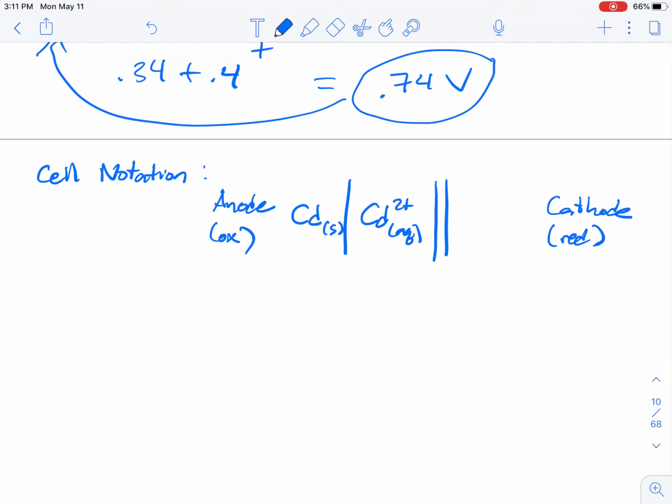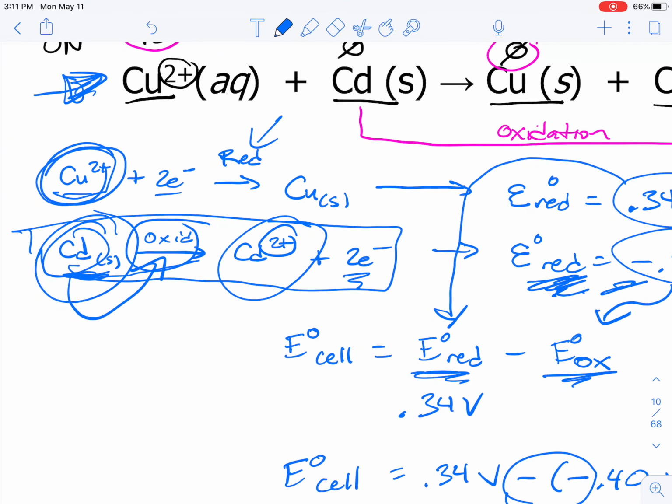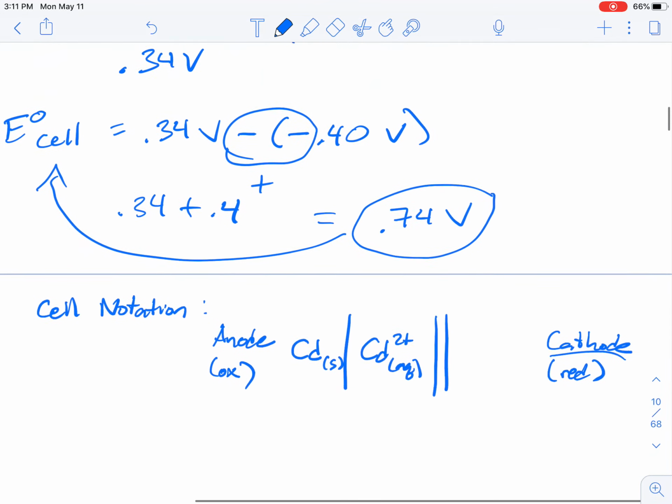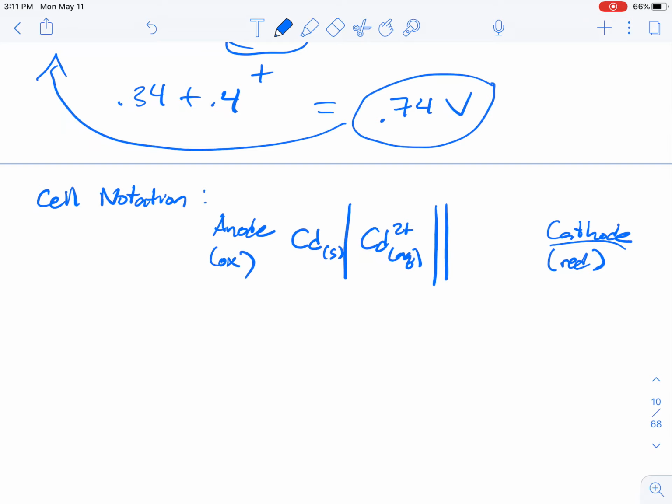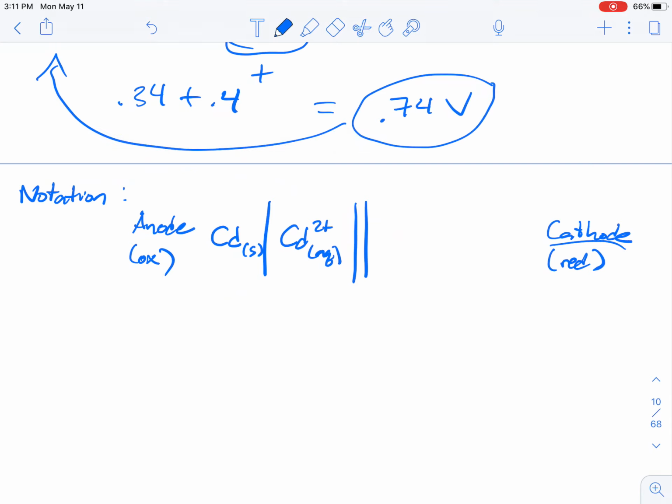And then when you get to the cathode side, you guys are going to write the first thing that represents reduction, which is copper 2 plus. Let me just move this stuff a little bit over. And then a single line to represent the phase boundary between aqueous to solid.